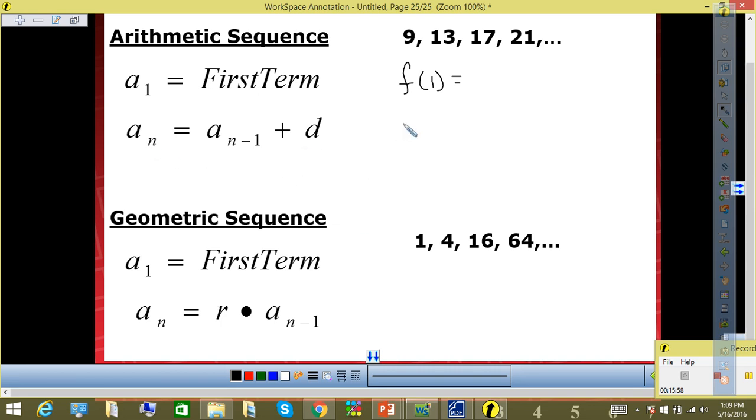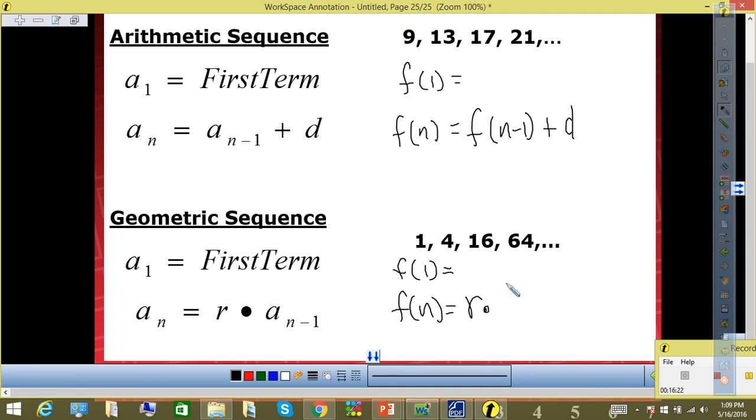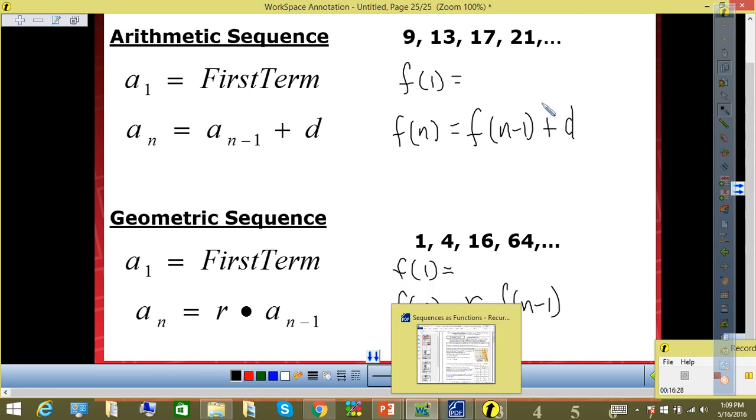So therefore, this becomes f of n equals f of n minus 1 plus d, with f of 1 as the first term. And the geometric one is f of n equals r times f of n minus 1. And that's how it's going to be presented. That's the only difference. But I wanted to show you first with simple variables like these before I use f of n, because I know f of n could be a little bit confusing. Does everybody understand? Everybody got it?